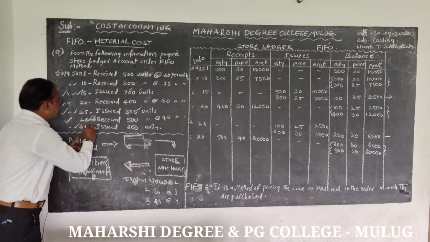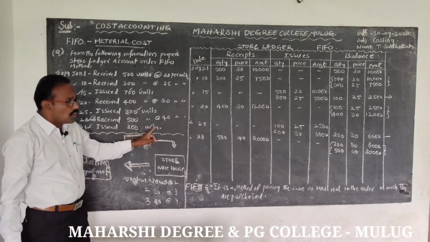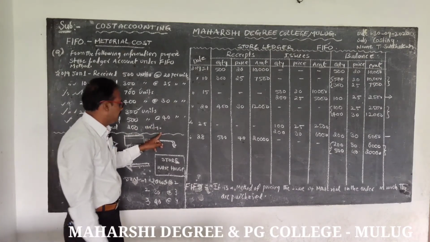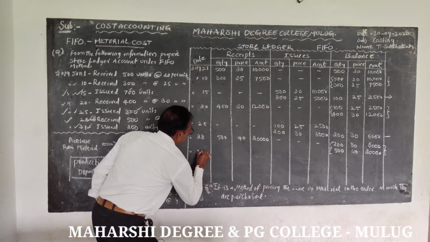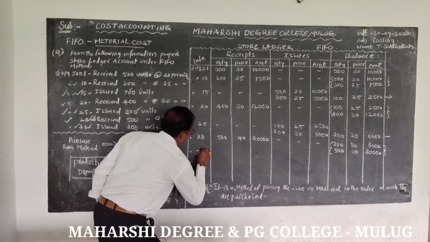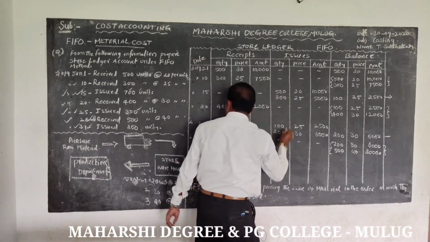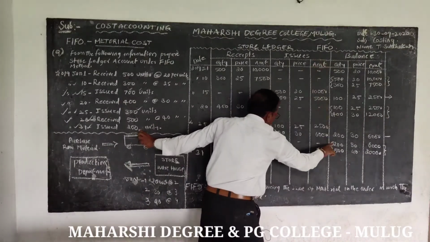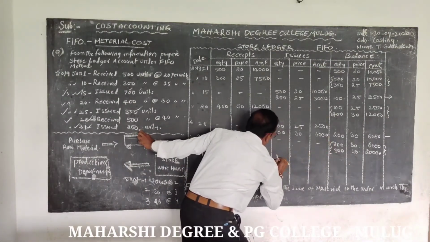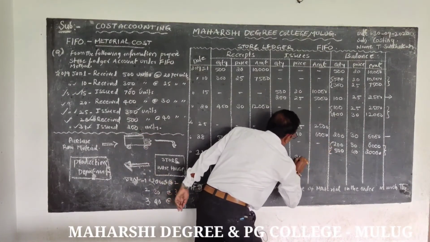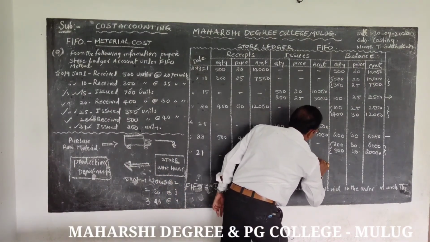And the next, last transaction, issued 200 units. On the 31st, the last transaction is posted in the issued column. As per the FIFO method, the first lot is issued: 200 units at 30 rupees, 6,000 rupees.